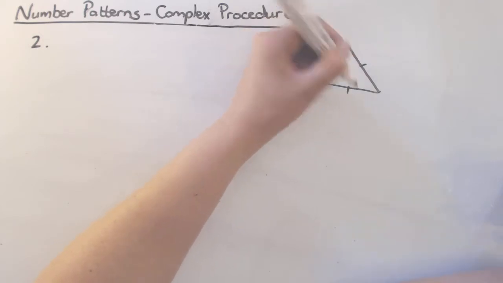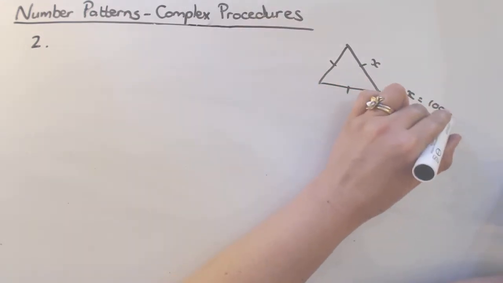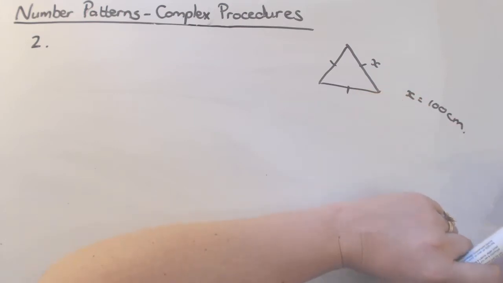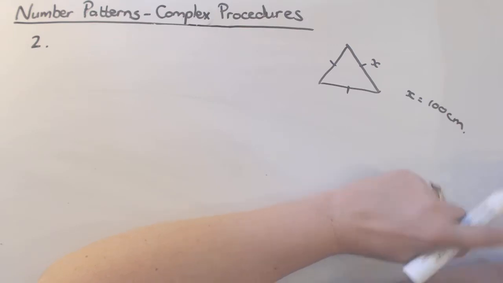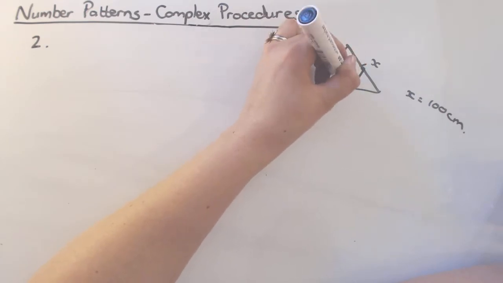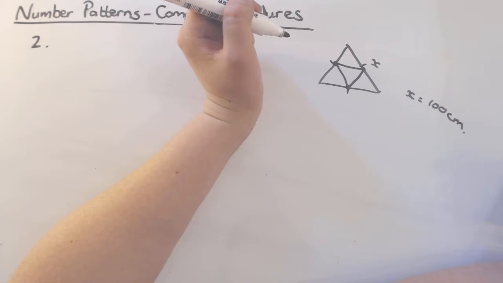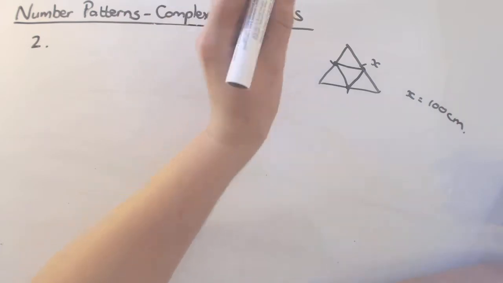This is an equilateral triangle, and every side is equal to 100 centimeters. The midpoints of the sides are joined. So the midpoints are joined to form a new equilateral triangle.